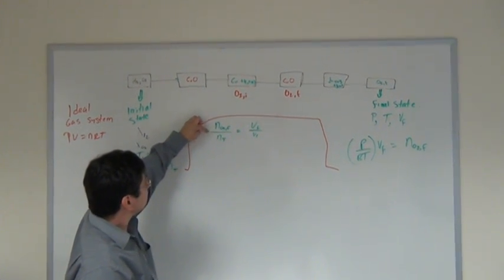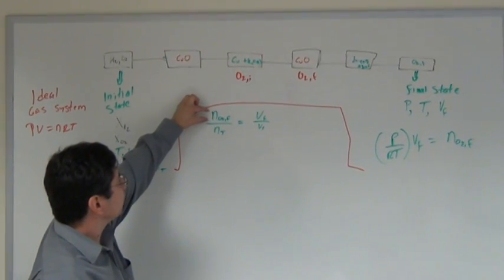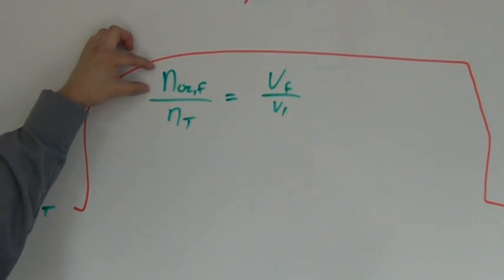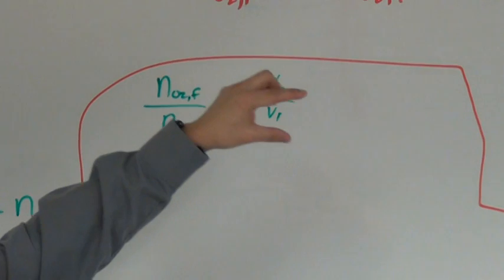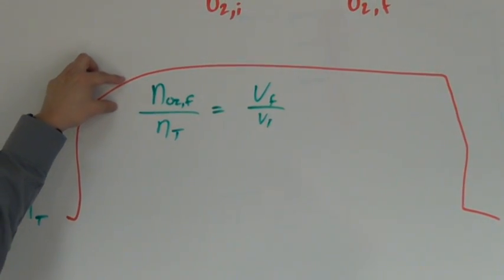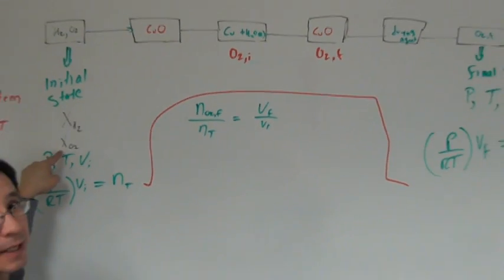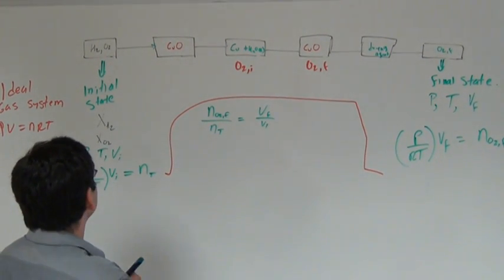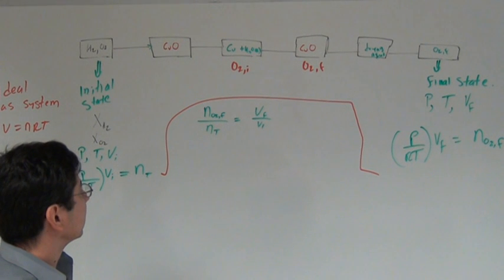So the claim is that we should be able to connect the number of moles of oxygen that remains in the final state to the number of moles of oxygen at the beginning and the number of moles of hydrogen at the initial state.